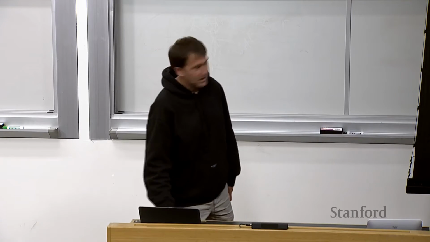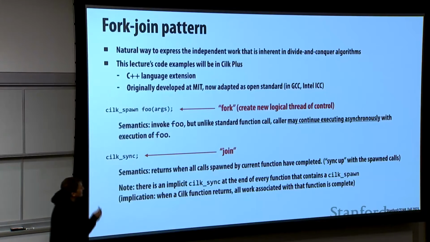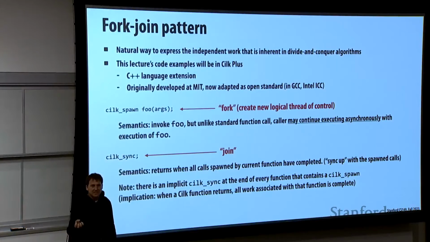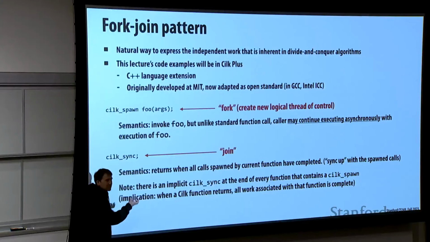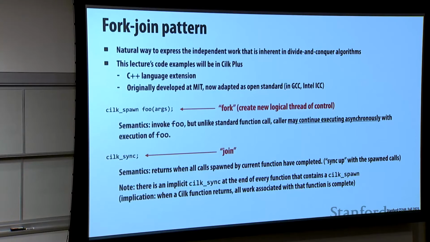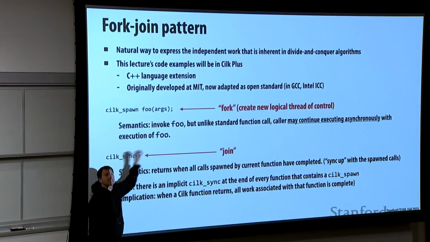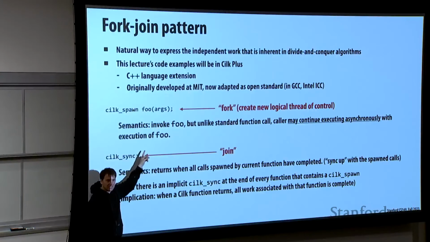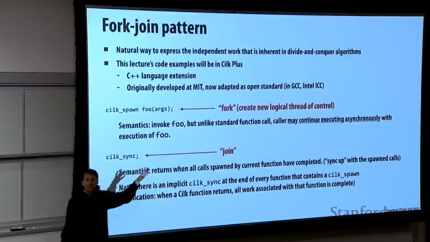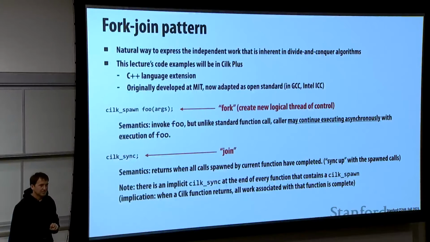Okay? All right. So you might be thinking, oh, this Cilk spawn foo feels a lot like forking a thread, and the Cilk sync feels a whole lot like joining a thread. But there's a difference between creating threads and spawning work. You can think about this as there's some work to do, that is, execute the function foo on these arguments, and you can do it whenever you want at some future time.